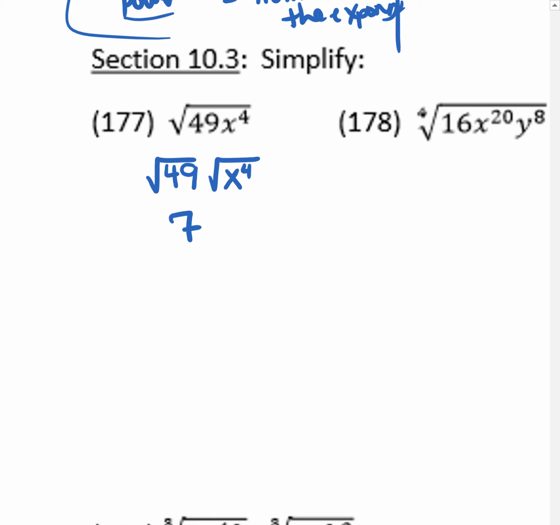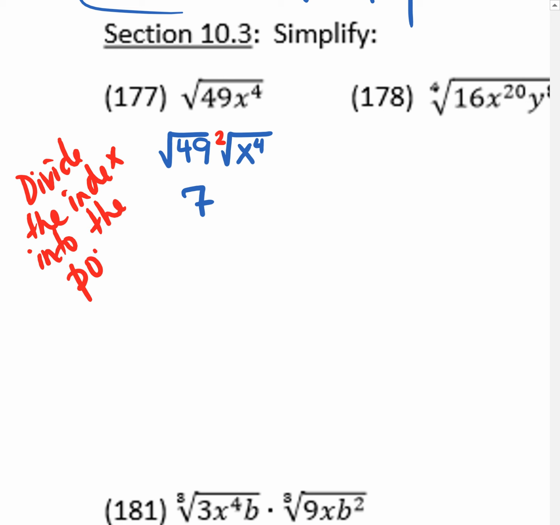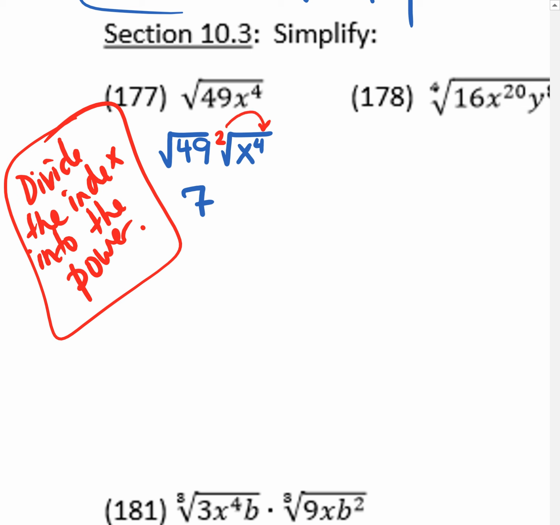The square root of x to the 4th, if you remember, you could do this the tricky way where you take the index, which is, it's a square root, so it's a 2, and divide the index into the power, and that'll be the resulting exponent on x. The index 2 goes into the power 4 twice. It'll be 7x squared.